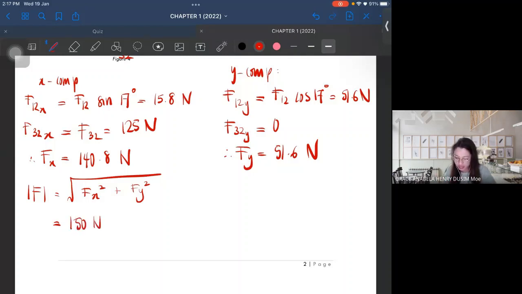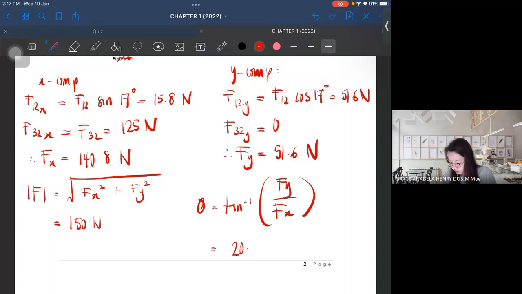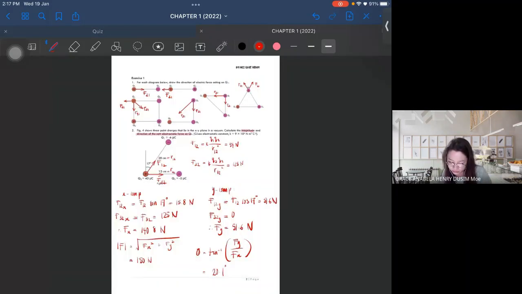Okay, and then it doesn't end there, you still have to find the direction. So the direction is equal to shift tangent Fy over Fx. So you should get around 20.1 degree. Okay? Can you follow? So that is the complete solution for exercise 1 number 2.